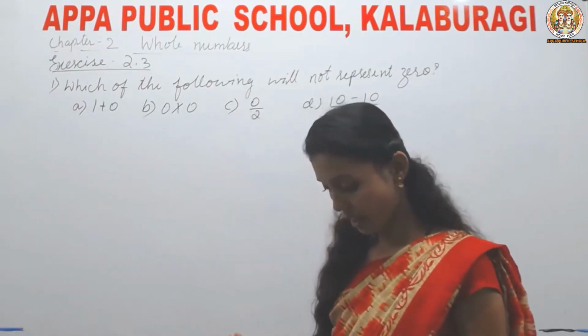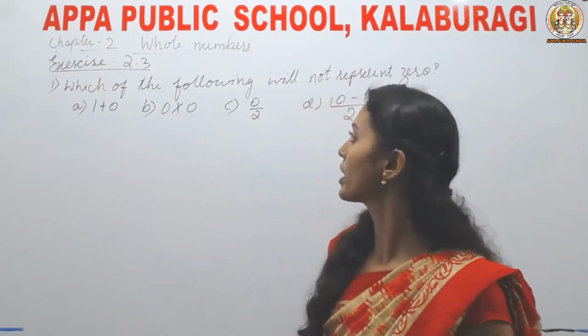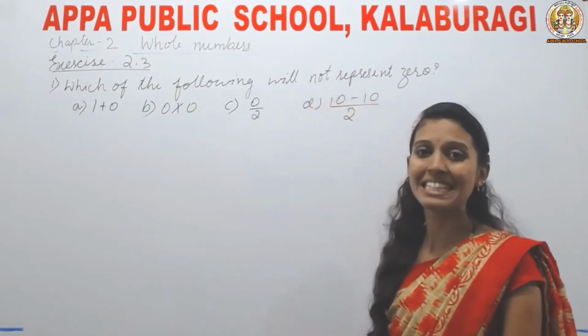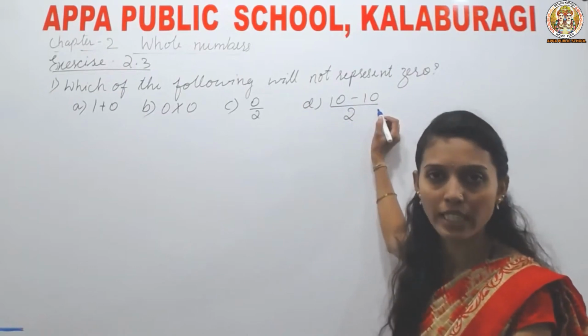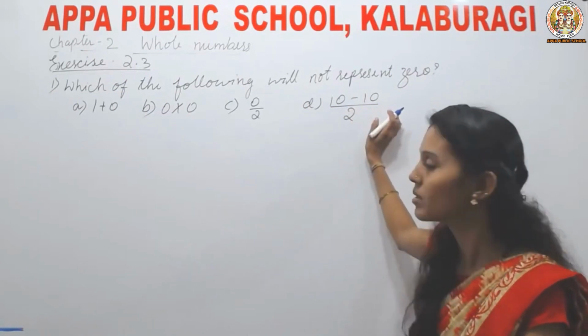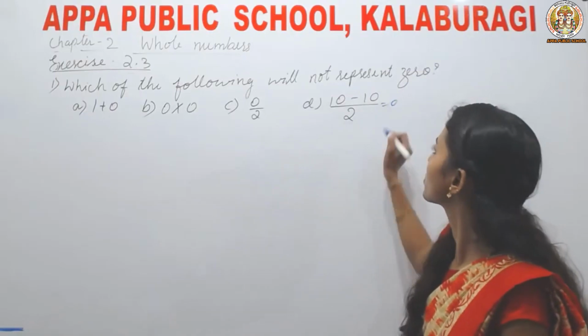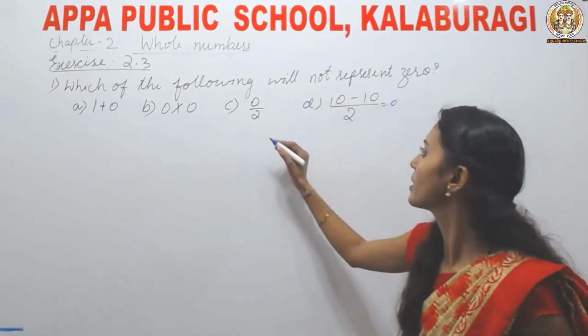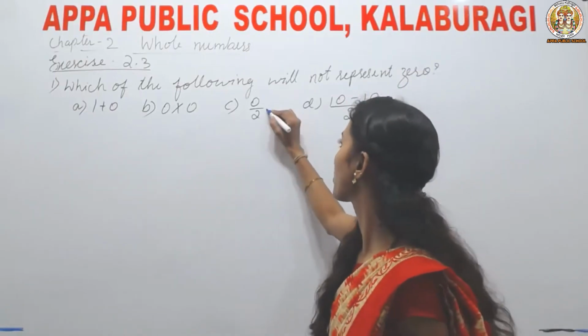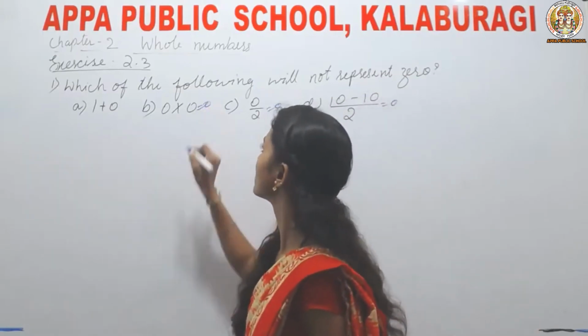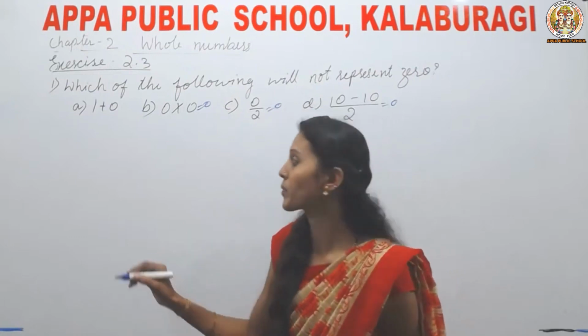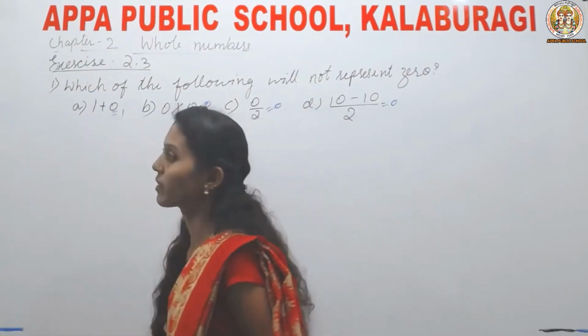Now, which of the following does not represent 0? 10 minus 10, what? 0, right? 10 minus 10 is 0. 0 by 2 is nothing but 0. So this is not the answer. Then 0 into 0 is 0 only, so this is also not. 1 plus 0 is 1.